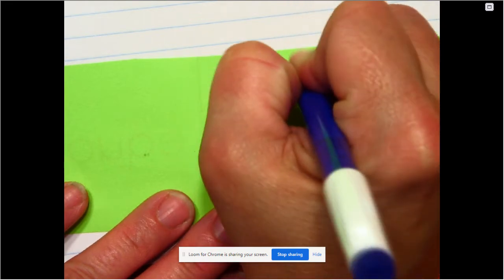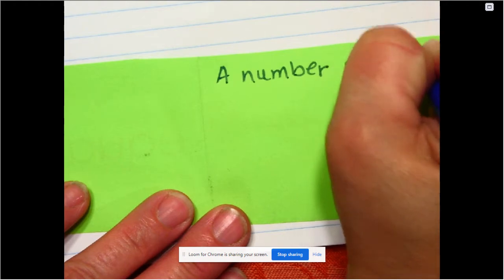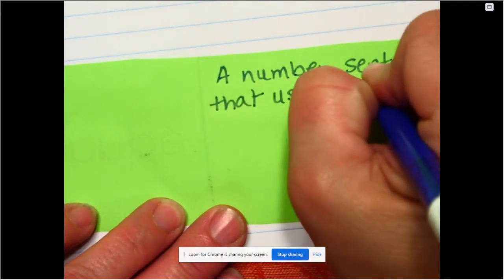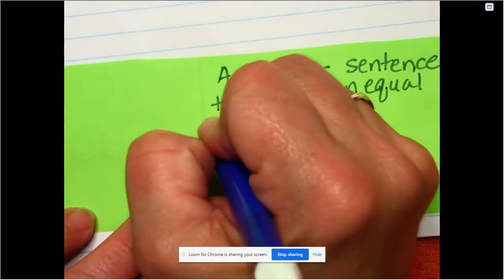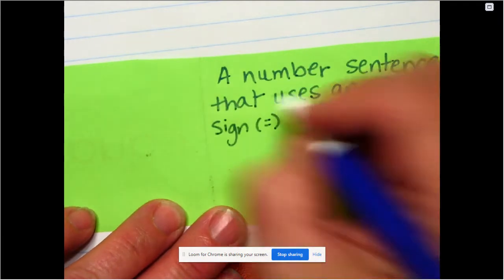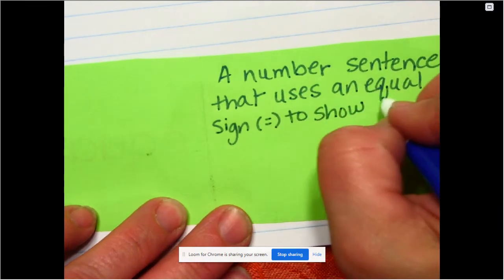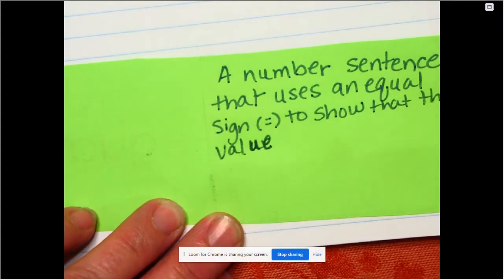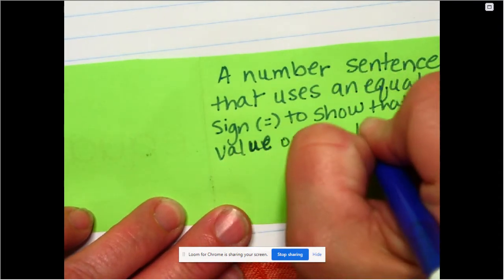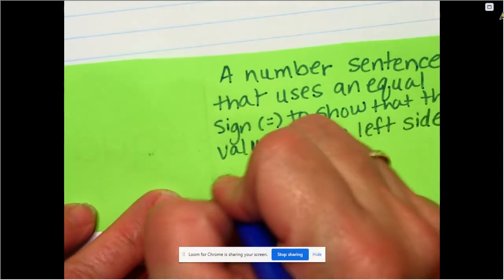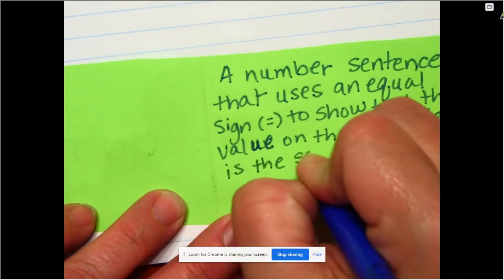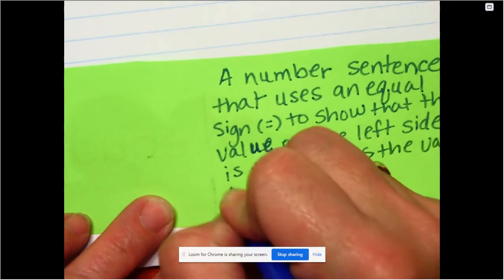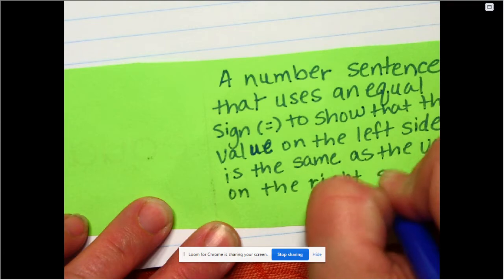A number sentence that uses an equal sign, which is this sign right here, okay, to show that the value, or how much something is, the value on the left side is the same as the value on the right side.